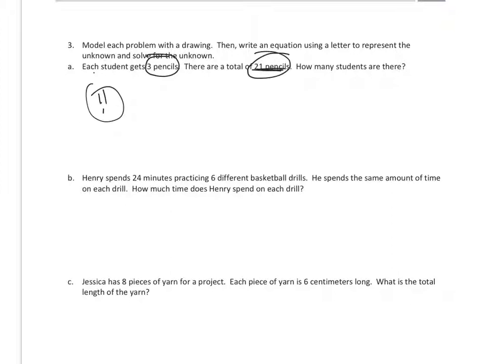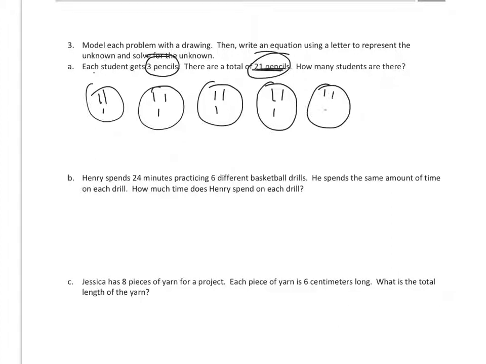We don't know how many students there are, but we know that there's a total of 21, so we're just going to keep counting by 3. So that's 3. And here's another student, 4, 5, 6. Another student, 7, 8, 9. Another student, 10, 11, 12. Another student, 13, 14, 15. Another student, 16, 17, 18.